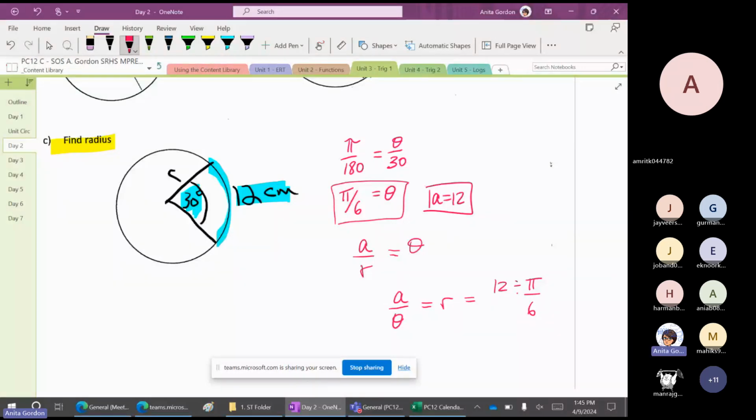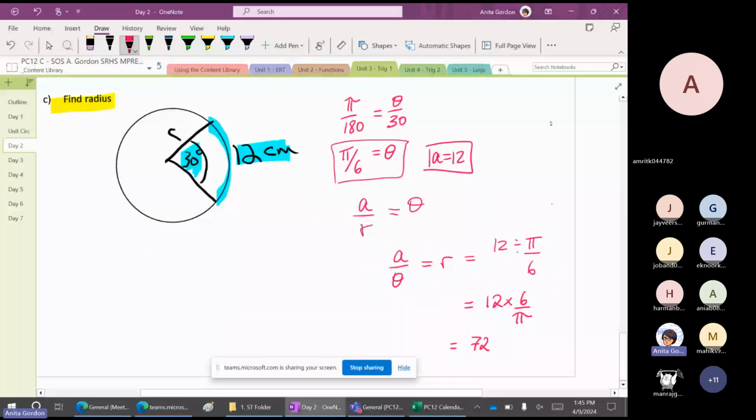What's the rule? Flip and multiply. Yes, so we need the reciprocal. So this is 12 times 6 over pi. So again, two ways you can write it. 72 over pi, or you can put it into your calculator. It'll give you approximately 22.9, and this would be in centimeters.